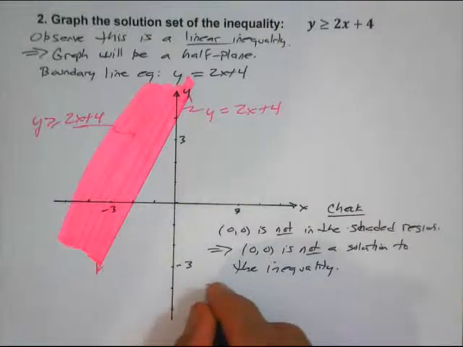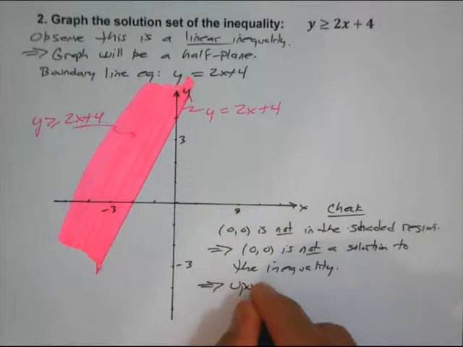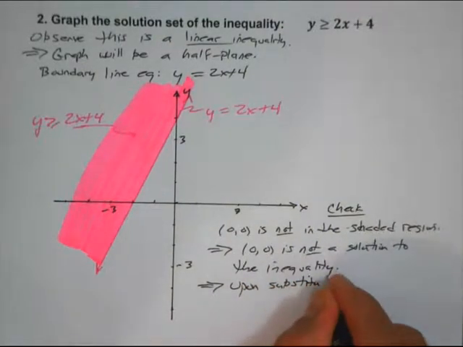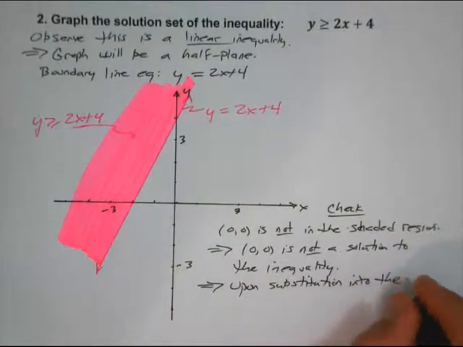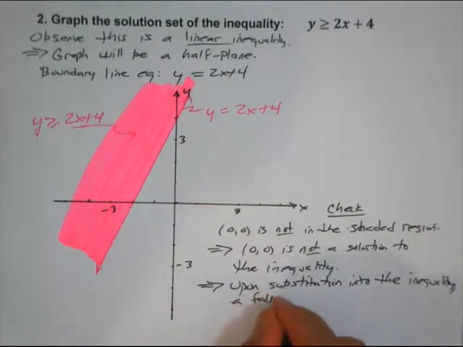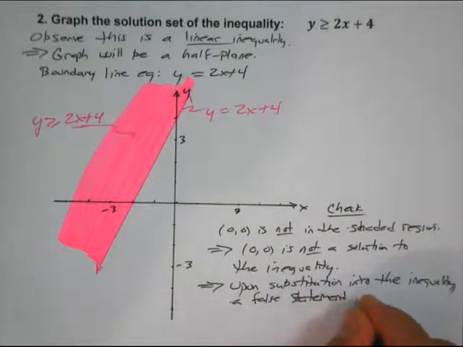And the definition of not being a solution means that upon substitution into the inequality, a false statement must result.